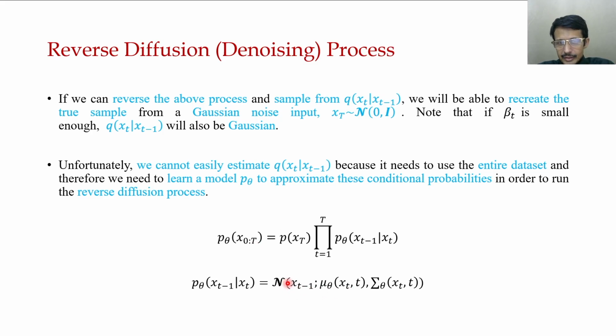We are basically removing the Gaussian noise to get xt minus 1 from xt. So this mu theta is the mean and this is the variance. This is the mathematical formulation of this. Now we have to find how we get it.